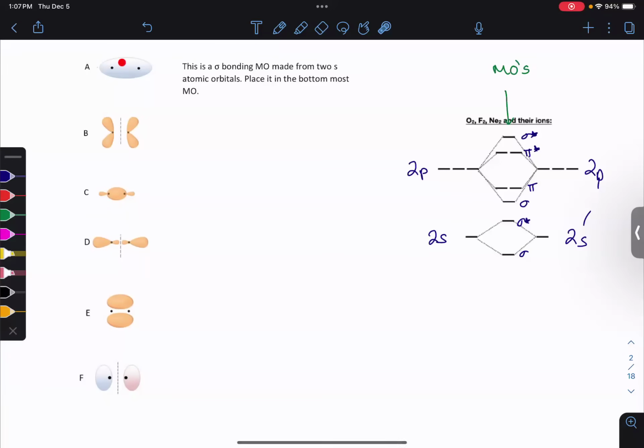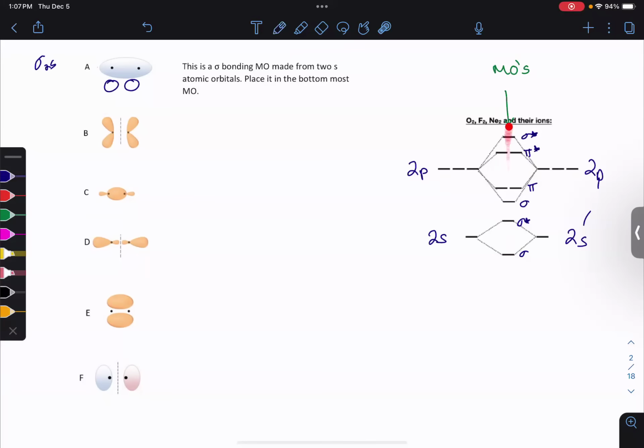So in my mind, I see there's a lot of electron density between the two atoms. So to me, that signals this is a sigma bond, right? Sigma bonds have this head-on overlap, pi is side by side. And the two original atomic orbitals were s orbitals, because you can kind of see their spherical nature in how they overlap. So this is a sigma interaction between two s orbitals, right?